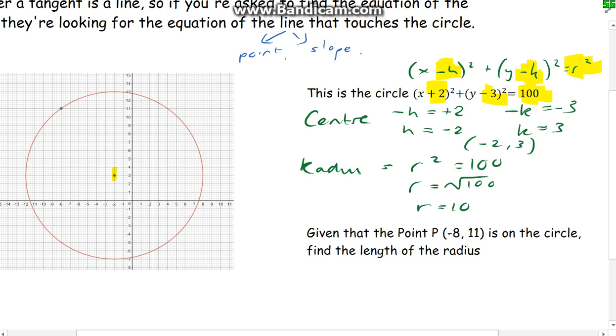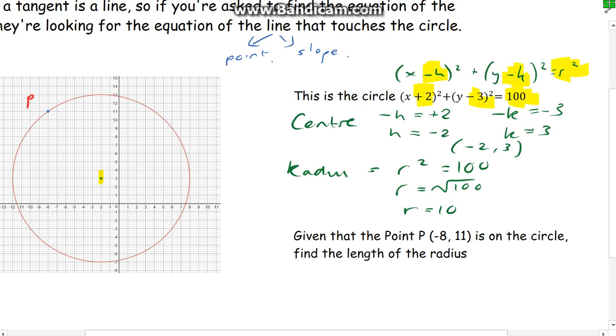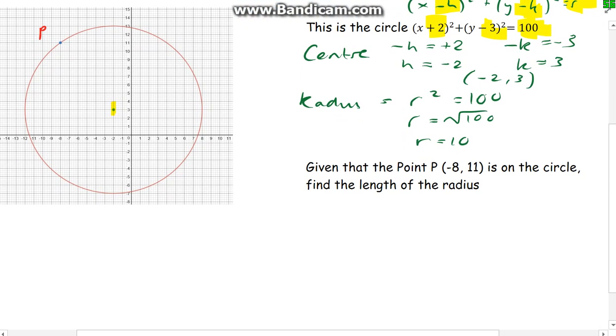But there's a question, this was an exam question. So they call this point up here P, and they ask you, given that the point P was (-8, 11), that's P here, and it's on the circle, find the length of the radius. So you know from the centre to any point on the circle is going to be the radius.